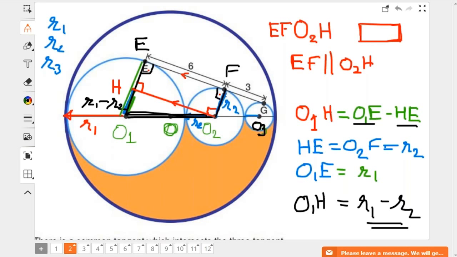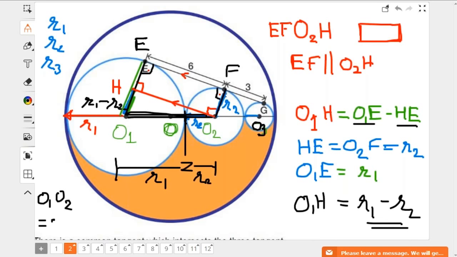This point from O1 to this point, let's call this point Z. So O1Z is R1, again the radius of the circle, and O2Z is R2. So this part is R1 and this part is R2. So the hypotenuse of that triangle, O1O2, becomes R1 plus R2.